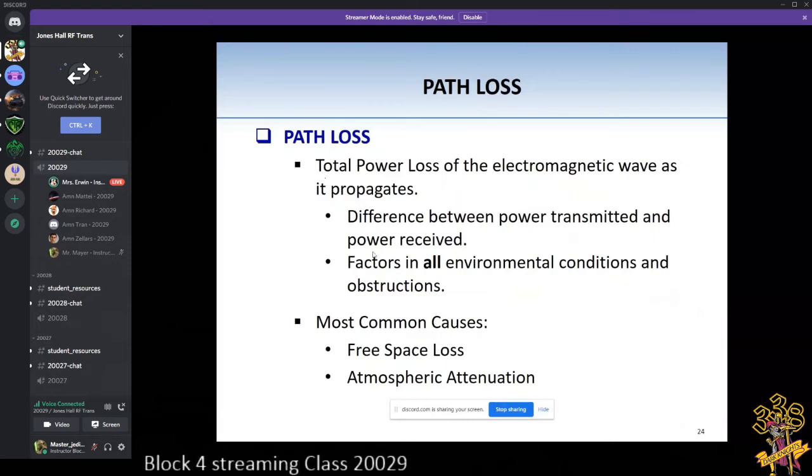Everything is factored in, okay? Including free space loss. So path loss includes everything that messes with your signal, including free space loss. So free space loss and atmospheric attenuation are the two main causes of path loss.